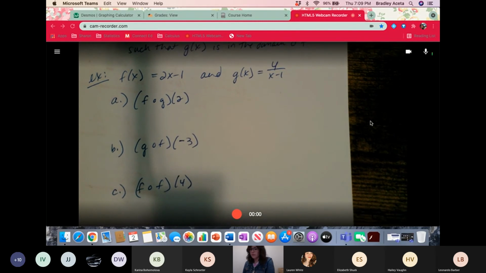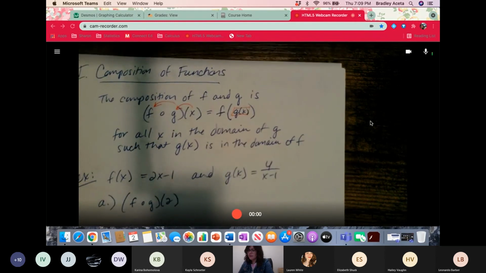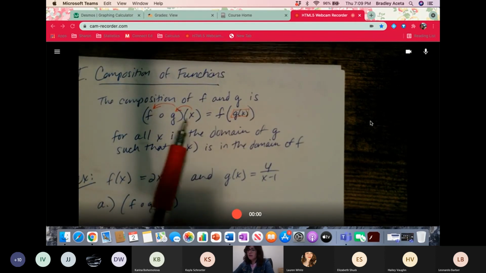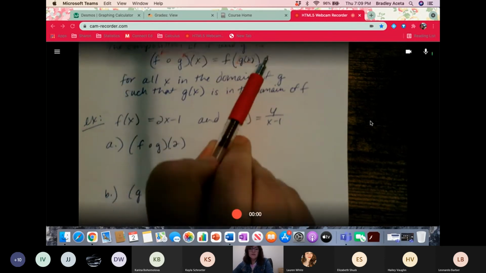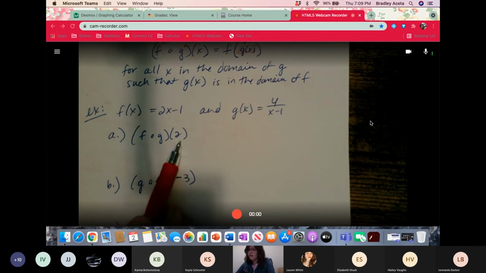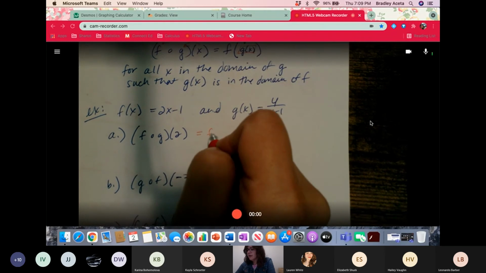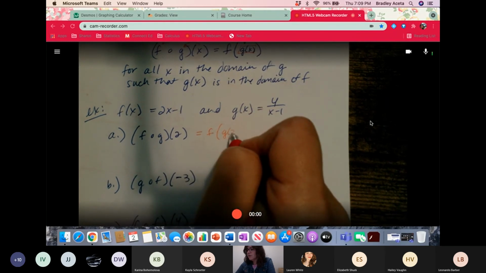Okay, so going back up to what it means to be f o g. You take the f of the g of x. So this right here, f o g of 2, means the f of the g of 2.